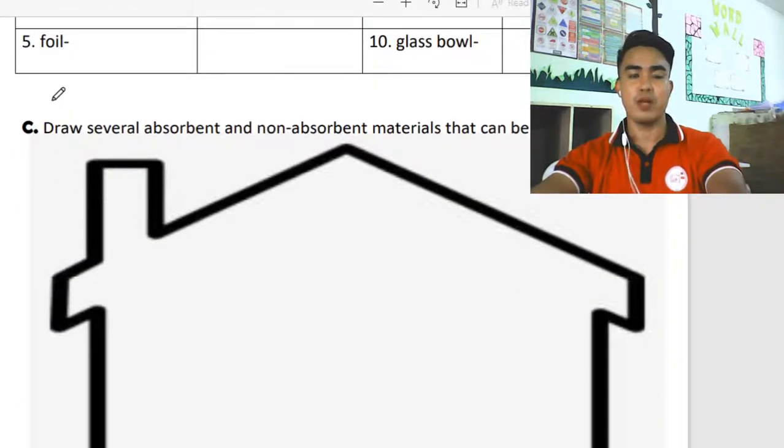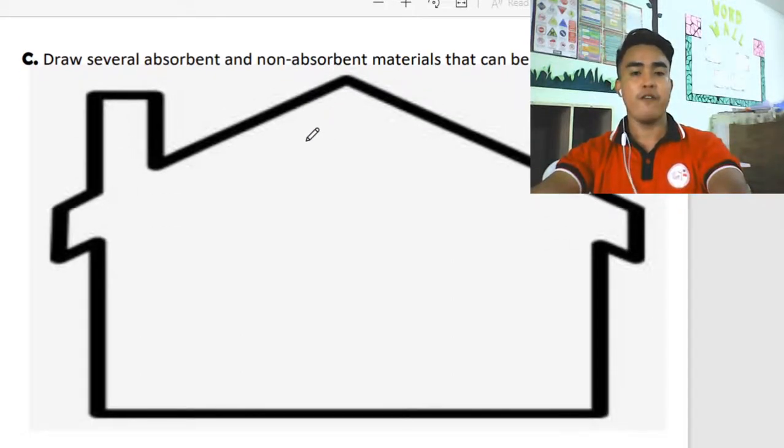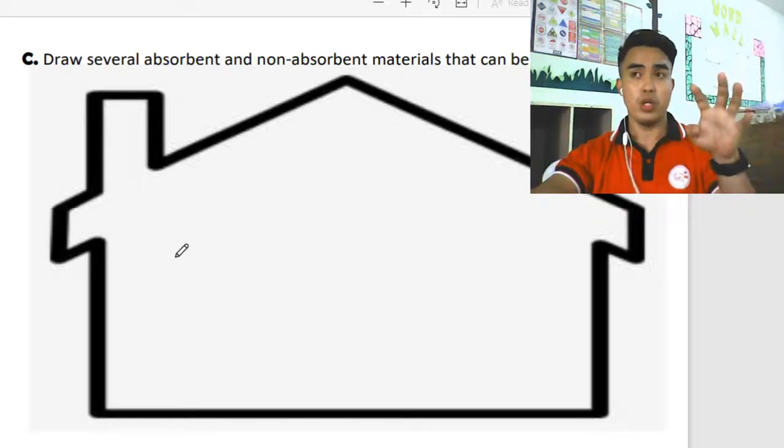Next, let's proceed to activity C. We will draw several absorbent and non-absorbent materials that can be found at home. In your home, in your house, can you find materials that are absorbent, or materials that can absorb water?